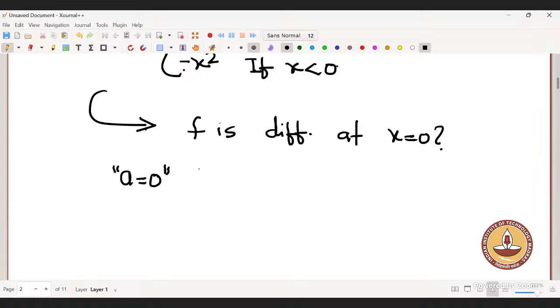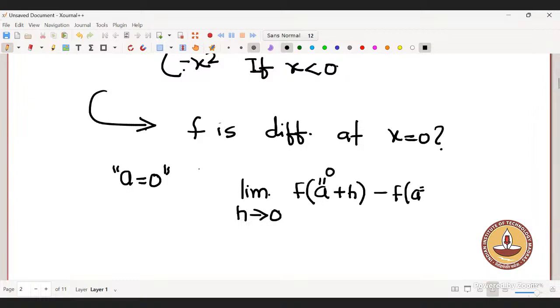If I apply my definition, I just need to check whether the limit as h tends to 0 of f of 0 plus h minus f of a, which is again 0, by h, exists.